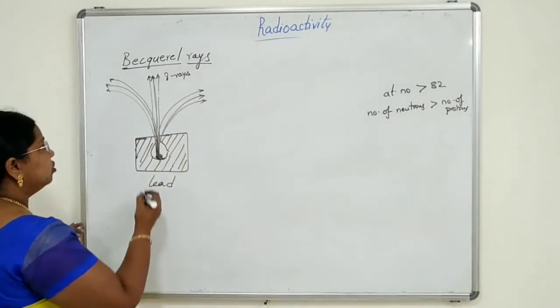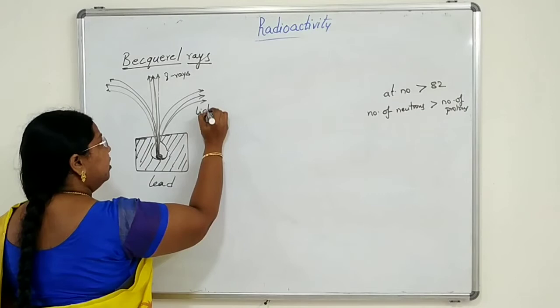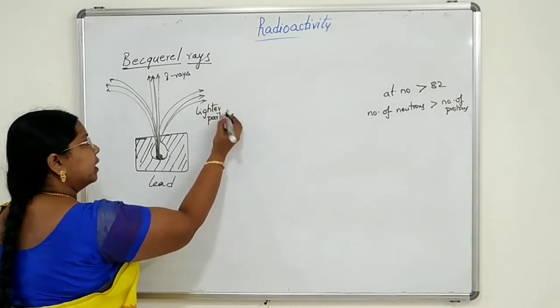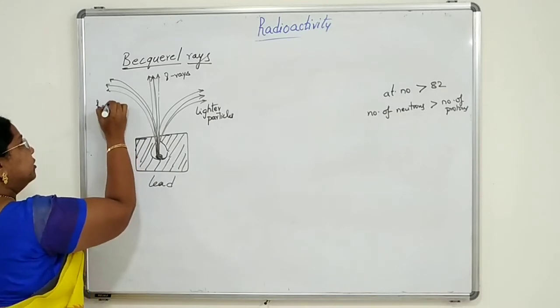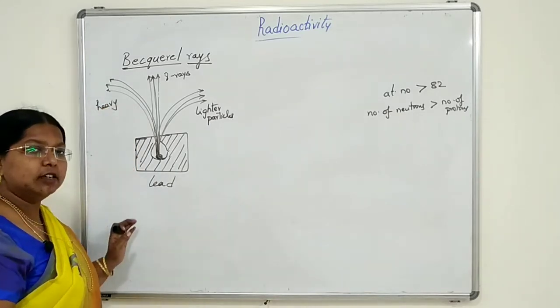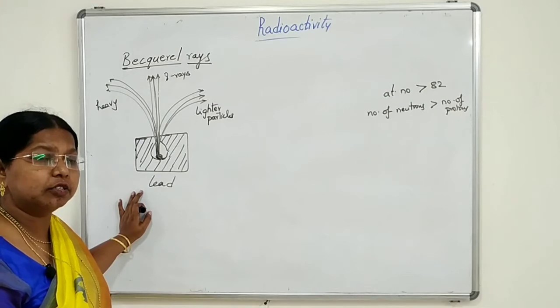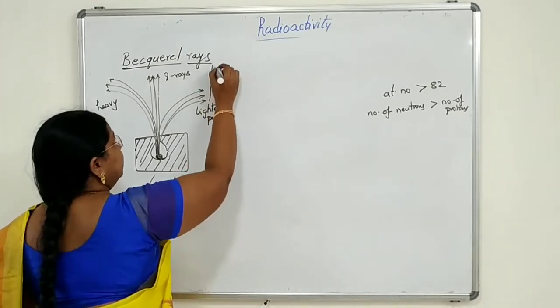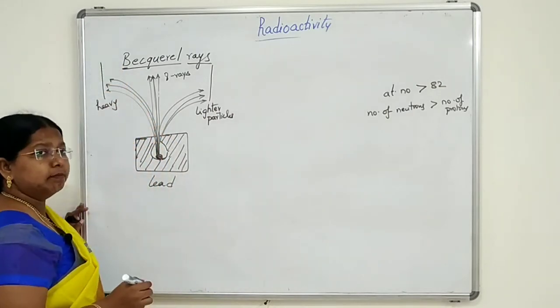So from this he saw that these are lighter particles and these are heavy particles, with the help of the magnetic effect. Even in an electric field, with electric plates, plus and minus.